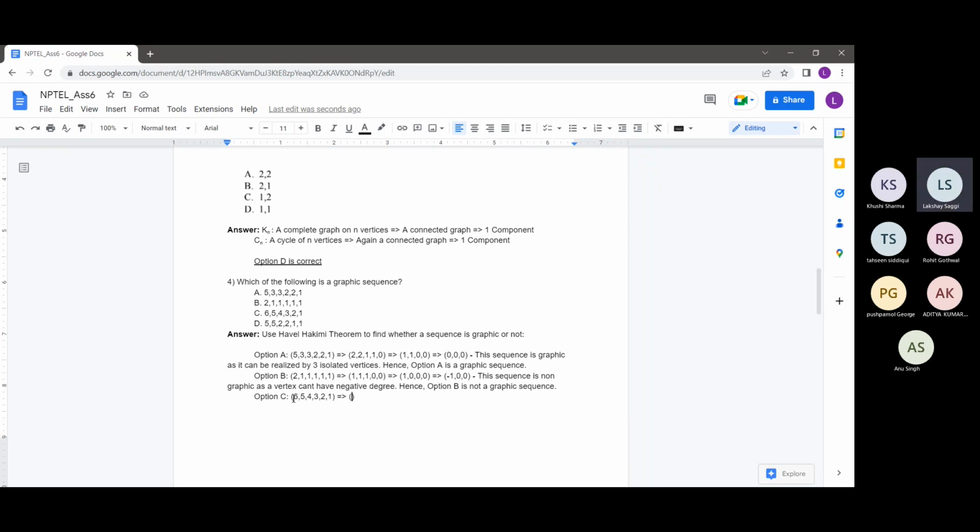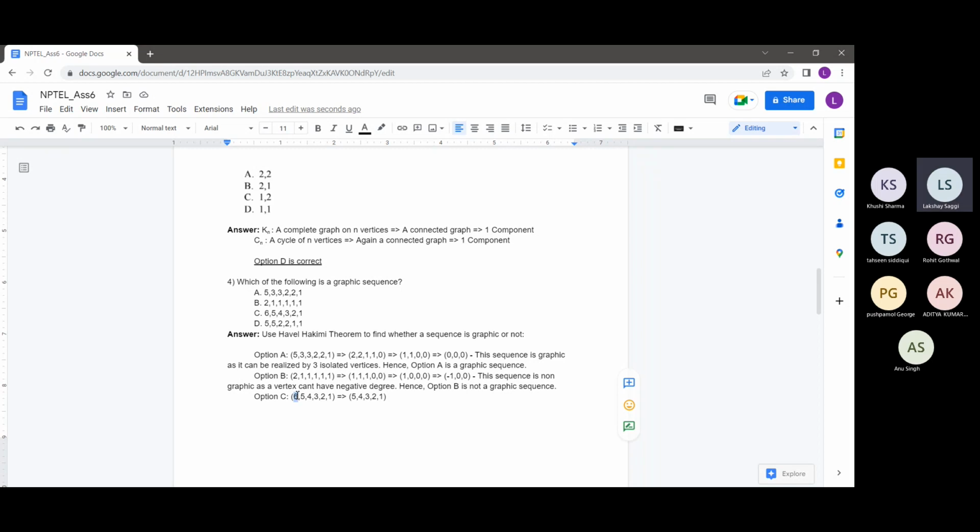So here again, I check that 6, 5, 4, 3, 2, 1 is in non-increasing order. I take this 6, remove it, and copy the remaining part here. Now what I have to do is, okay, it's an easier question.